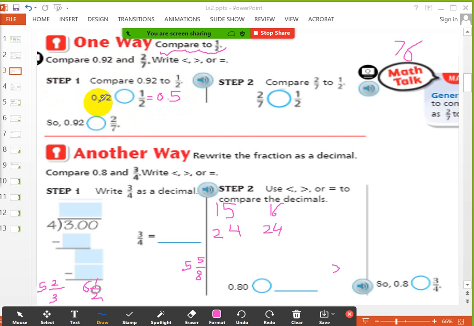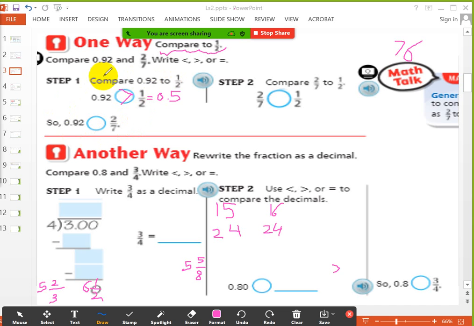Now I will continue to the first digit after the point, which is the tenths. Thank you, Manal. 9 and 5. Which one is the greater? 9 is greater than 5. That means I will stop here and draw the symbol like this. It will go to 0.92 hundredths. Okay?